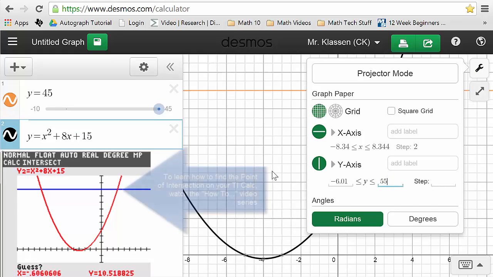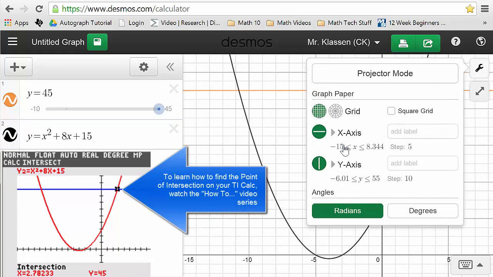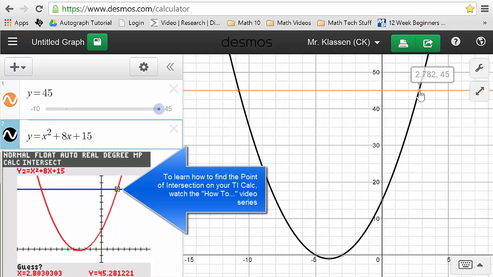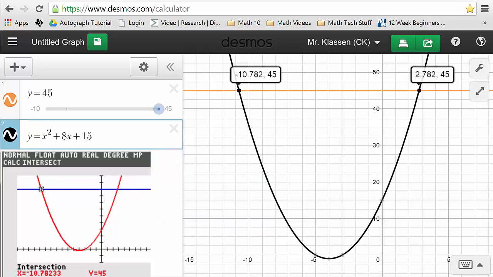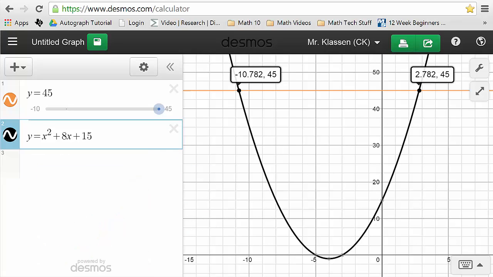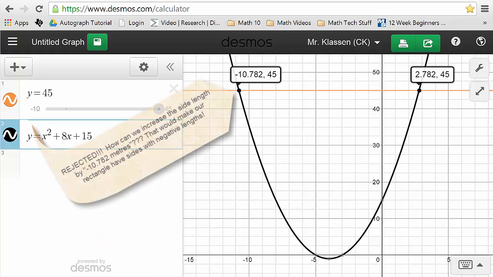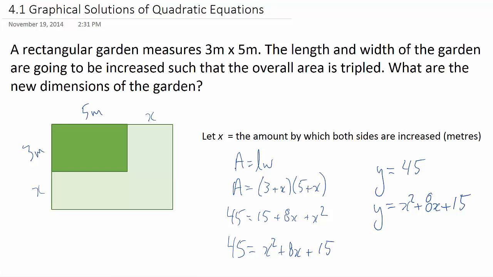Now I get two solutions here, one of which I must reject. The negative solution doesn't make any sense. Only the positive one works. X equals 2.782. So my side lengths of 3 plus x and 5 plus x are going to be 5.782 and 8.782.